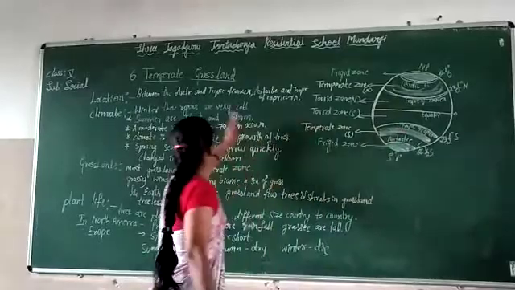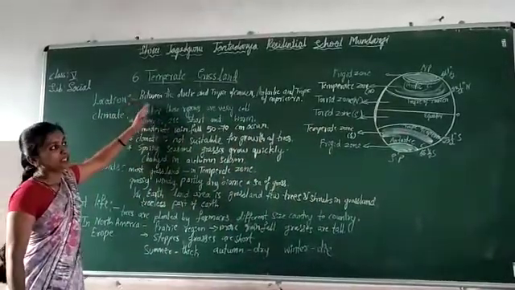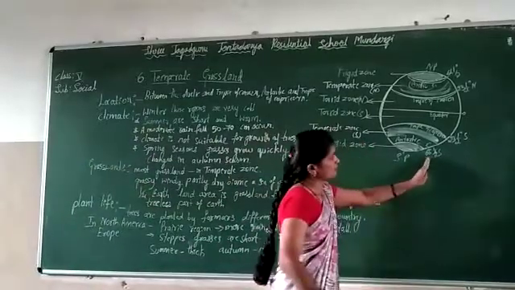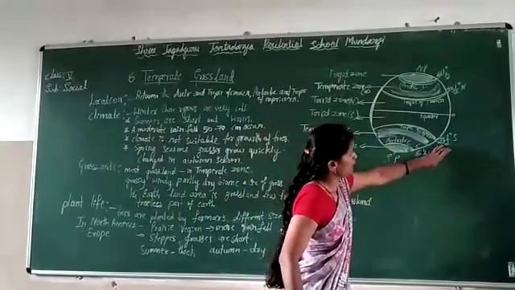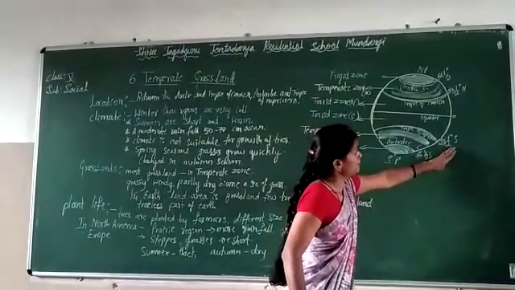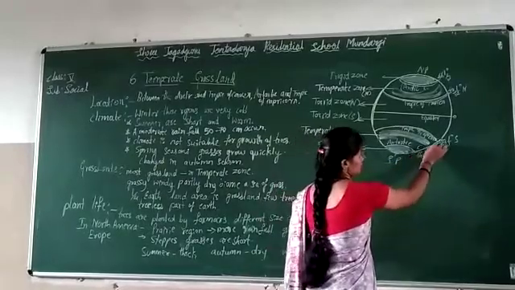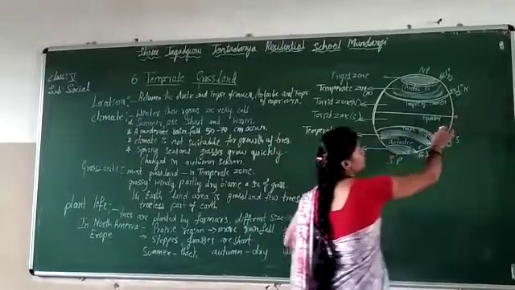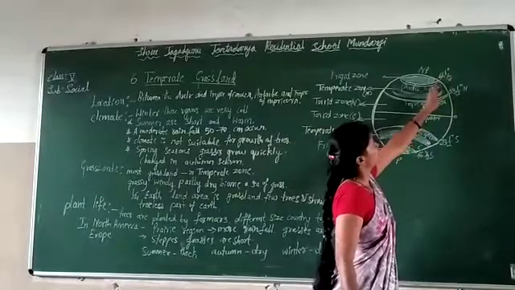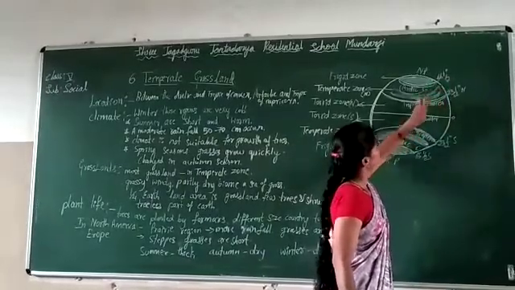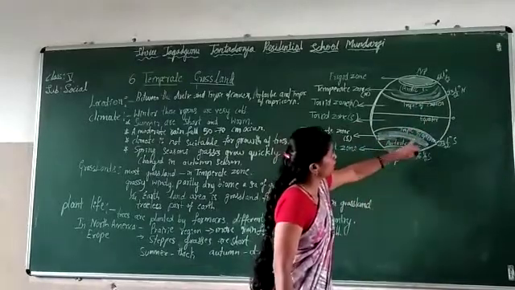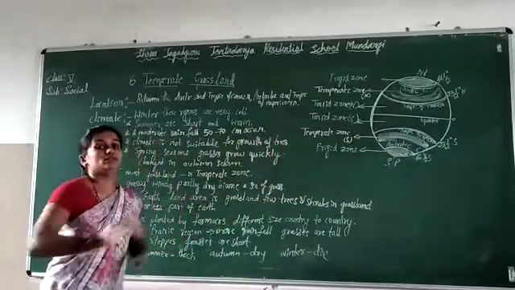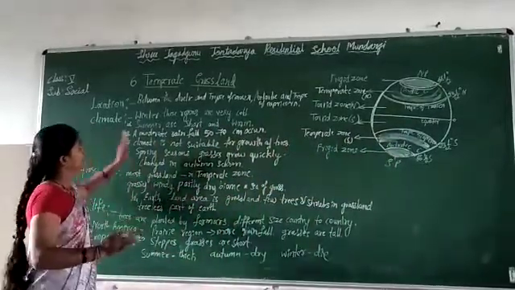We know the location of this topic is in that part between the degrees identified here: 66 and a half degrees and 23 and a half degrees in the southern hemisphere between these lines, and also in the northern hemisphere, 23 degrees north and 66 and a half degrees north, between the Arctic Circle and the Tropic of Cancer, between the Tropic of Cancer and the Antarctic Circle. In both hemispheres we can find some grasslands on the earth.